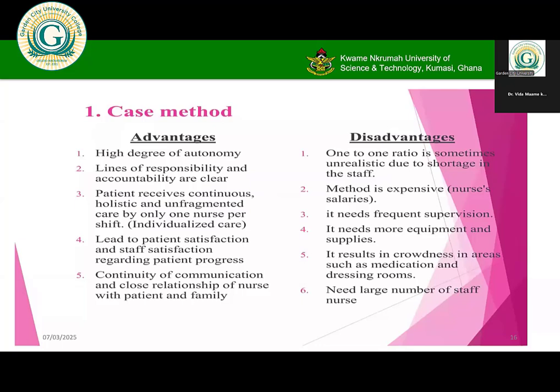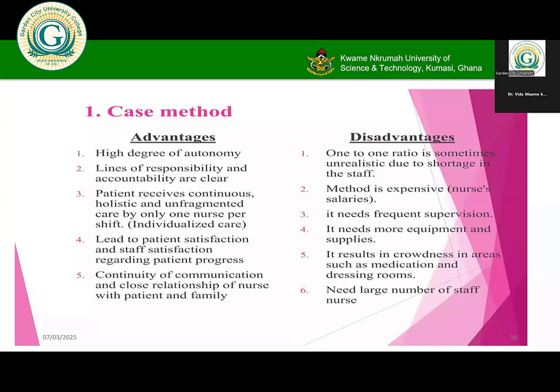Patients receive continuous, holistic, and unfragmented care by only one nurse per shift. So when the shift changes, you see this nurse taking care of about 1 to 6 patients. If you have about 10 or 20 patients, per shift one nurse takes care of 1 to 6 patients, and another nurse takes care of other patients.